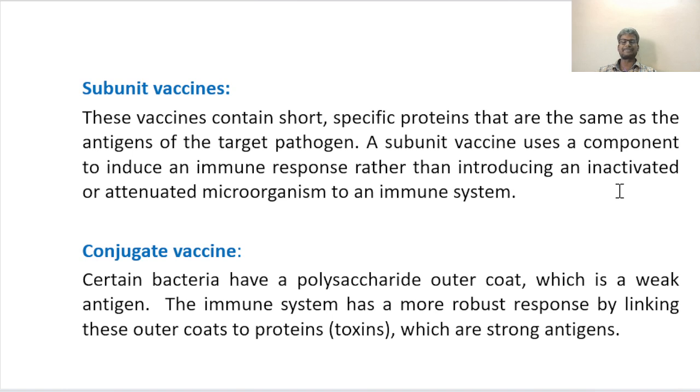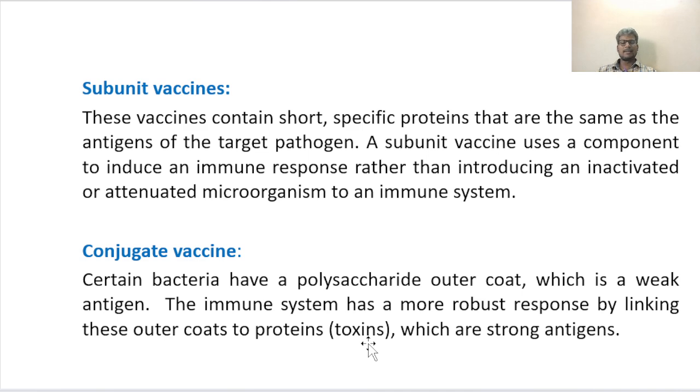The next one is the conjugate vaccine. Certain bacteria have polysaccharides as the outermost layer, which is a weak antigen. The immune system has a more robust response by linking these outer coats to proteins like toxins, where we are conjugating two different entities.